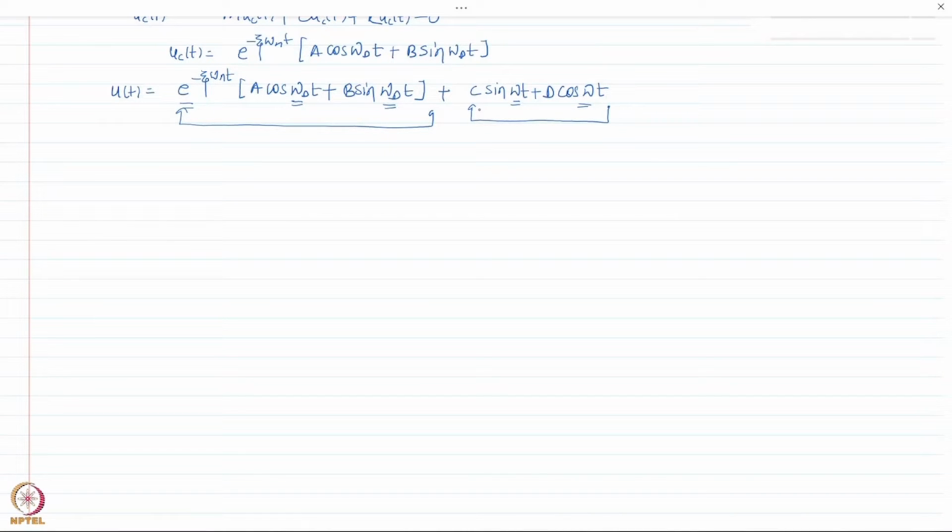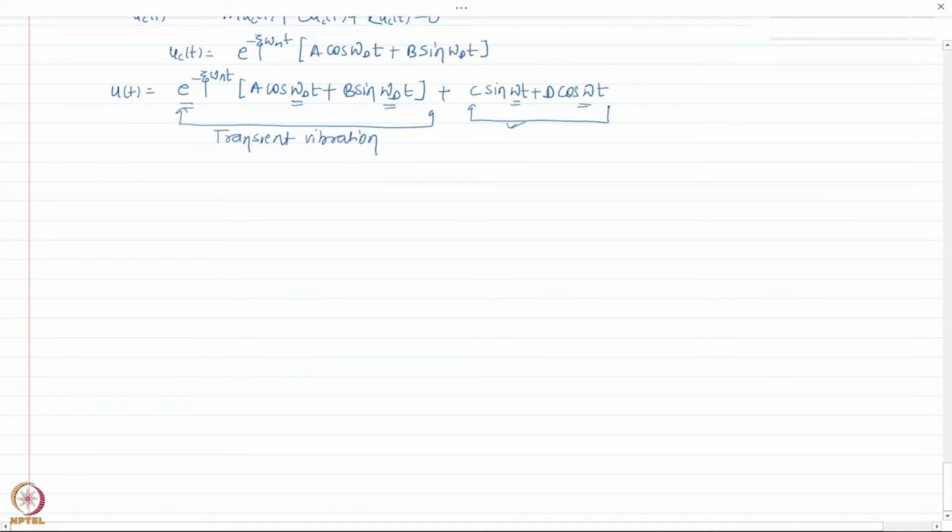If you look here, after some time, which depends on the values of zeta and omega n, we know for sure that this term would become almost negligible and equal to 0. So I would be only remaining with the second term here. This is called the transient solution, or the transient vibration.